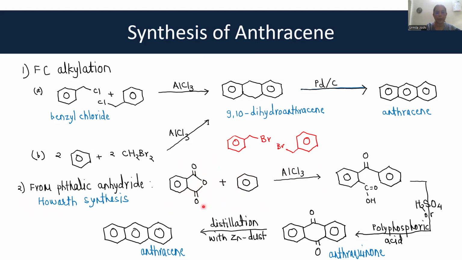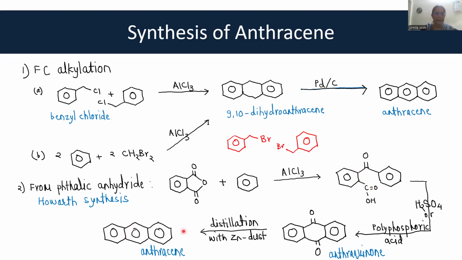Like acid chlorides, you know that anhydrides also react with benzene in Friedel-Crafts acylation reaction. Okay, so acylation means the carbonyl carbon getting attached to the aromatic nucleus. So this carbonyl carbon gets attached to the aromatic nucleus, a ketone is formed, and this COOH is left.